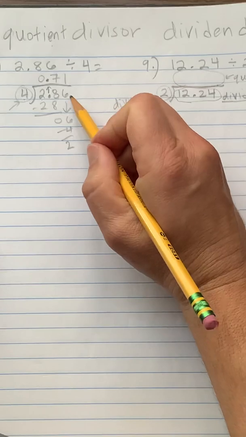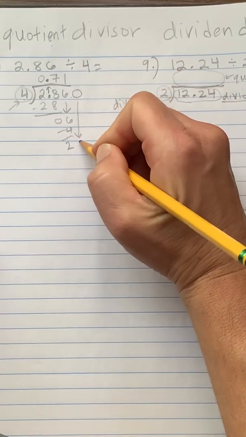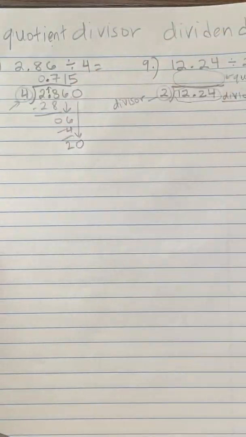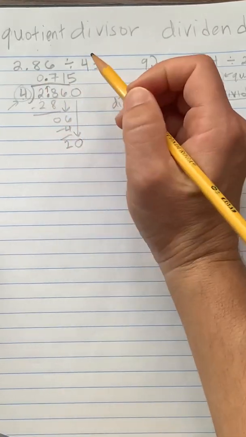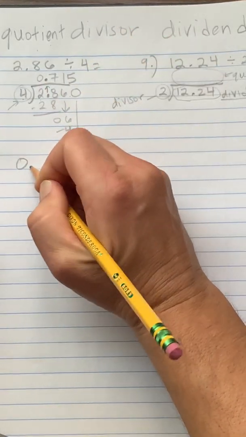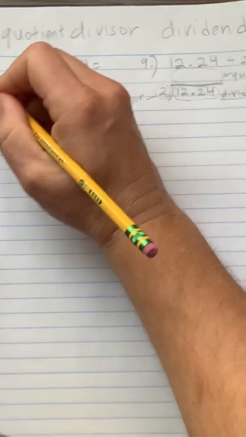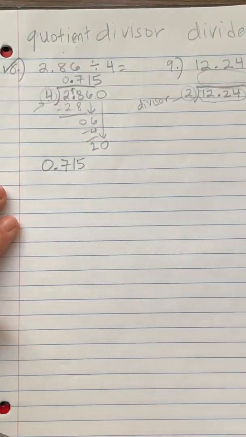And that means I don't need to add a decimal before I add a 0. I can just add a 0. 4 goes into 20 5 times. I am done. I now have a quotient that has no remainder. My final quotient was 715 thousandths. If you got that, give yourself a check for number 8.